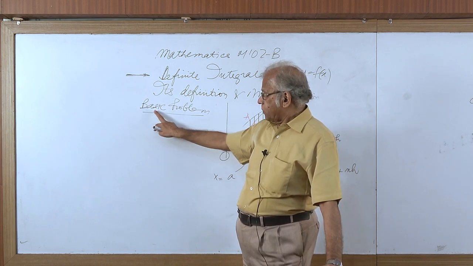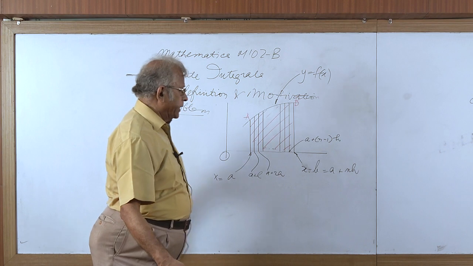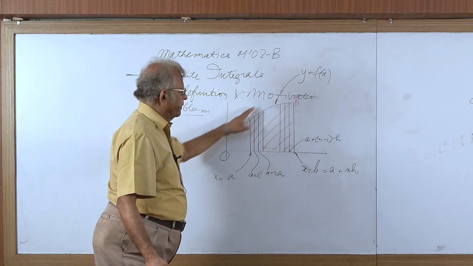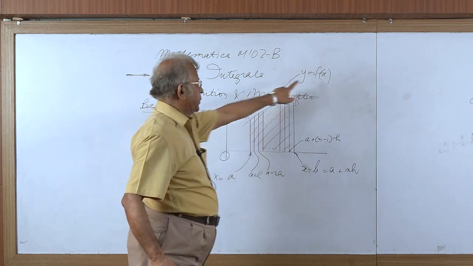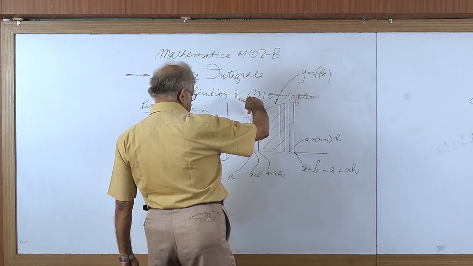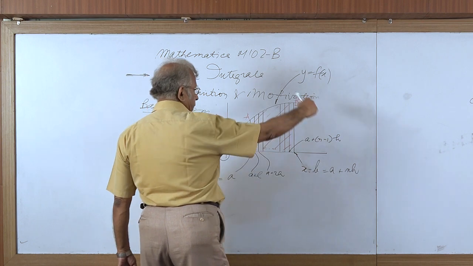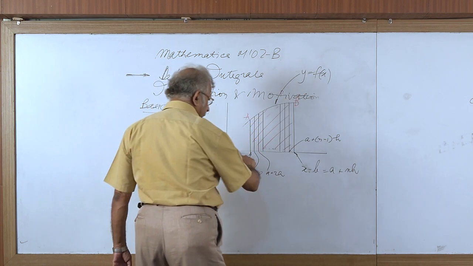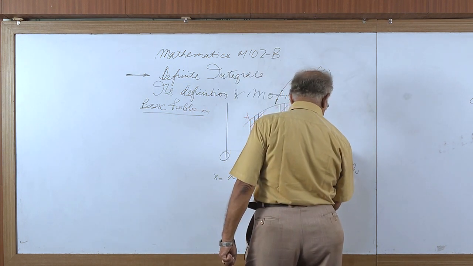So, I have written the basic problem was to find the area under a given curve, which represents part of the curve of y is equal to f(x). So, this is one border. The ordinate erected at x is equal to a, the ordinate erected at x is equal to b, and the x-axis. This is the x-axis.